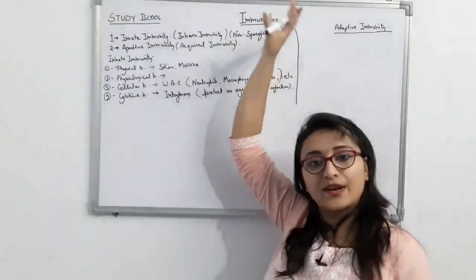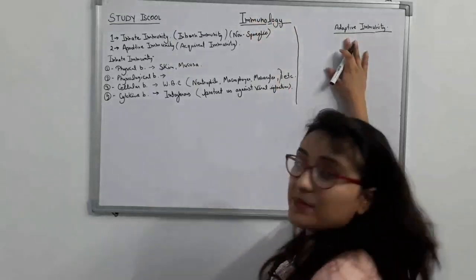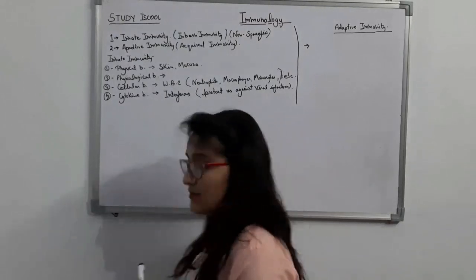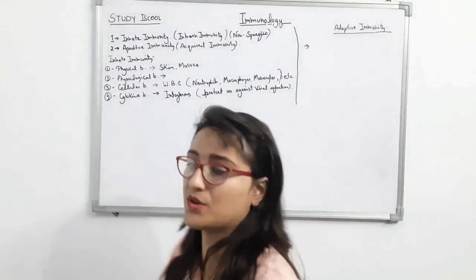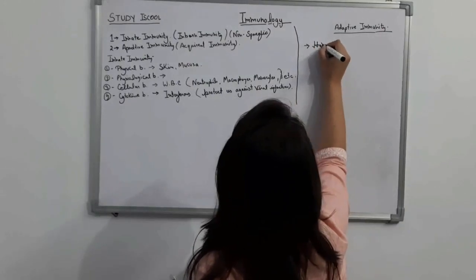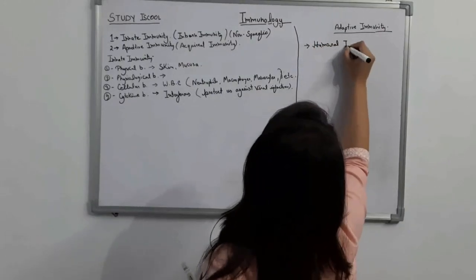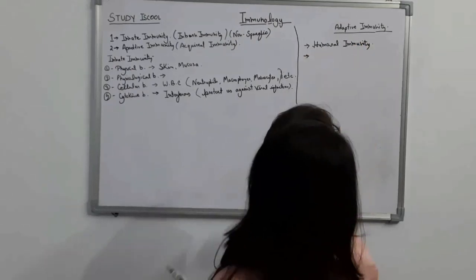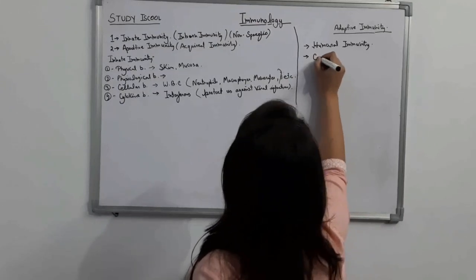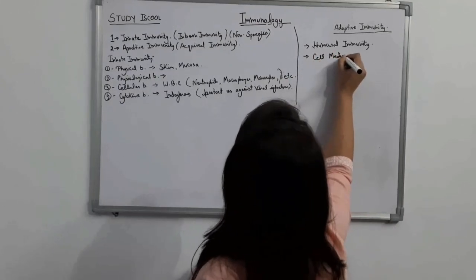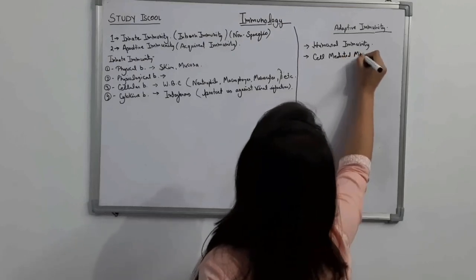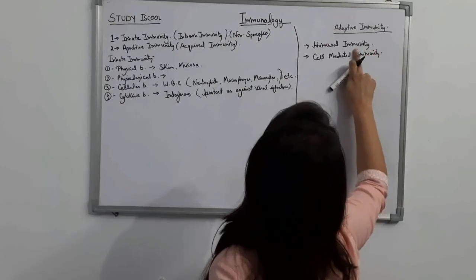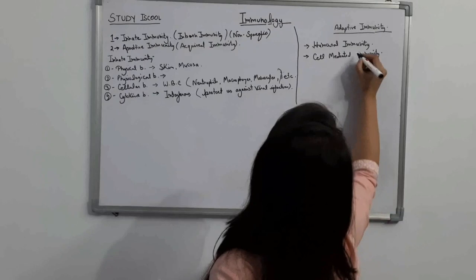So on the basis of working mechanism, adaptive immunity is basically of two types. The first we can call humoral immunity and the second is cell-mediated immunity.